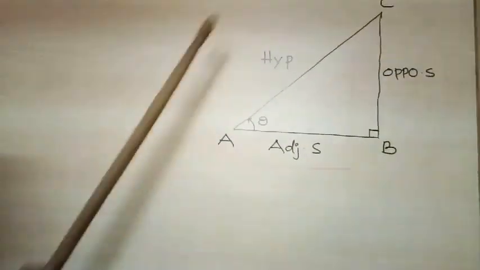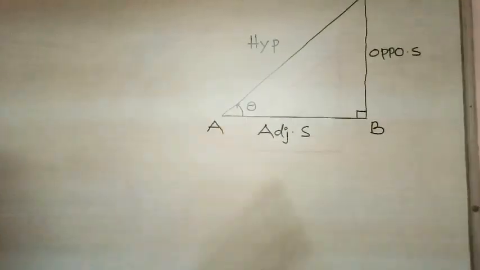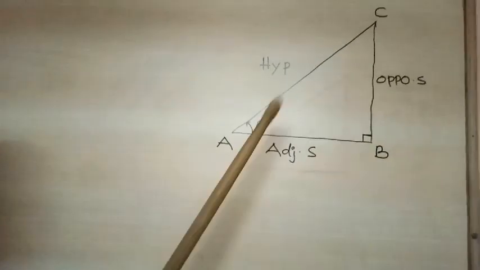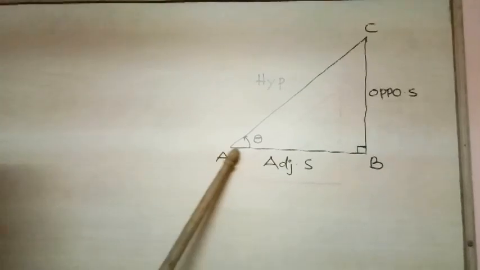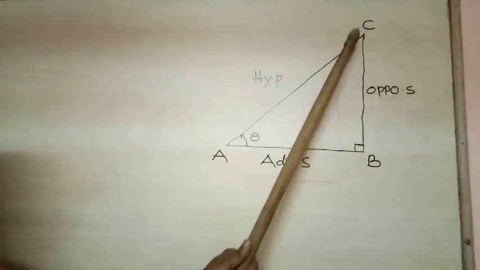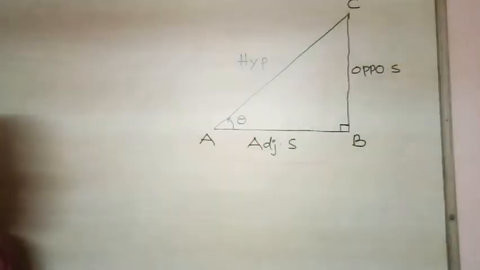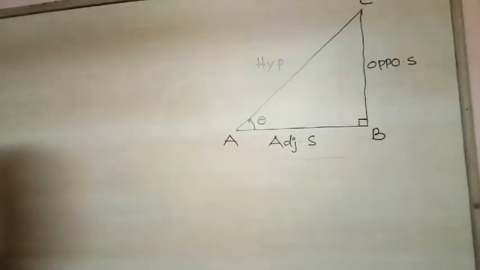Here, by using these three lengths, that is AB, BC, CA measurements, we can write 6 different ratios only.